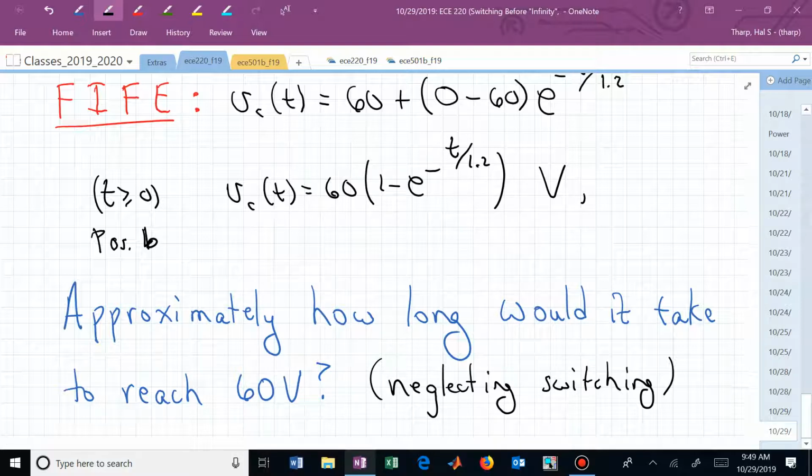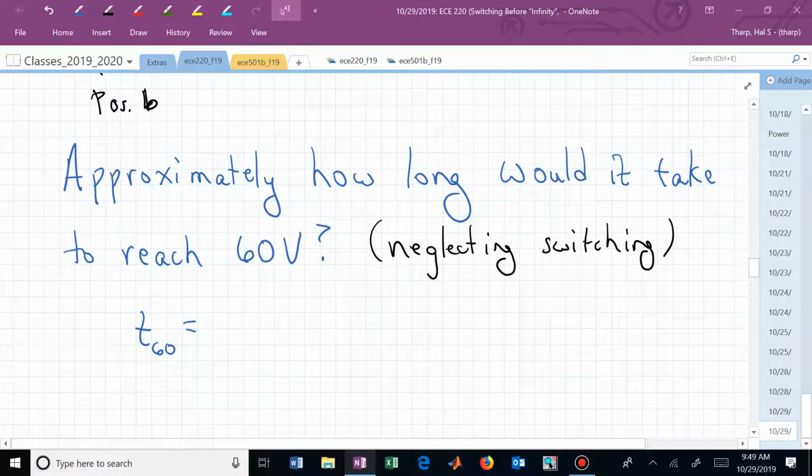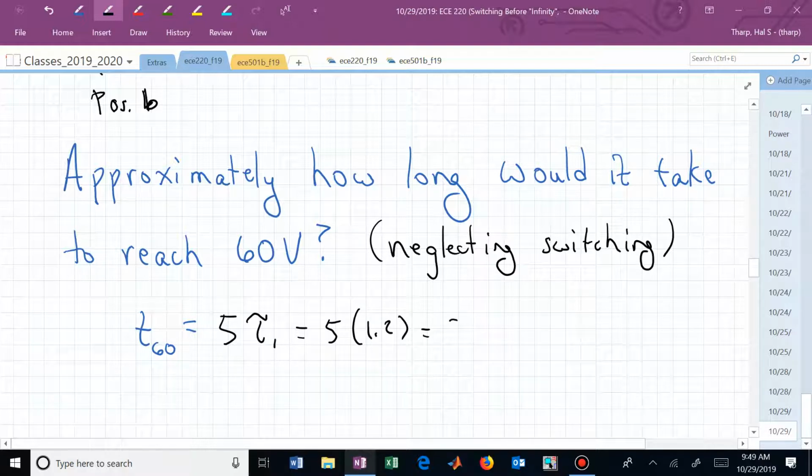How long is it going to take us before we get to 60 volts? Five time constants, which in this case, our time constant was 1.2, so that gives us 6 seconds.